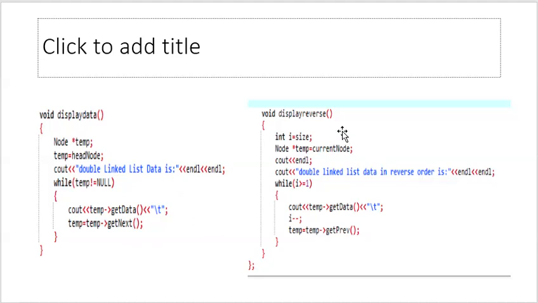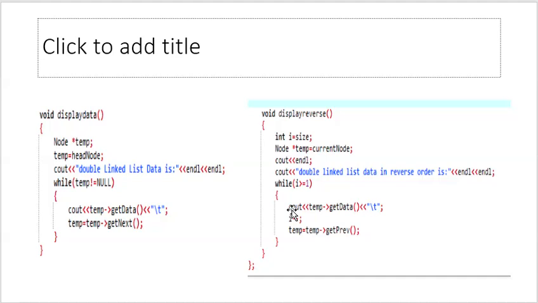And here the display reverse will simply reverse our nodes. Here i is equal to size, as we have mentioned the size in our insert nodes. The node temp is equal to the current node, and it will go with the minus, meaning it will take the last node first.